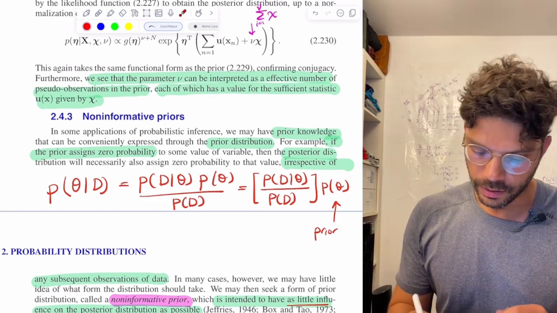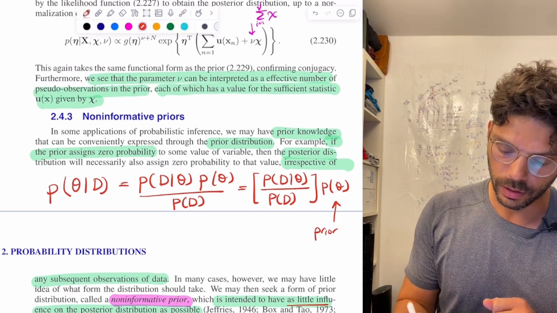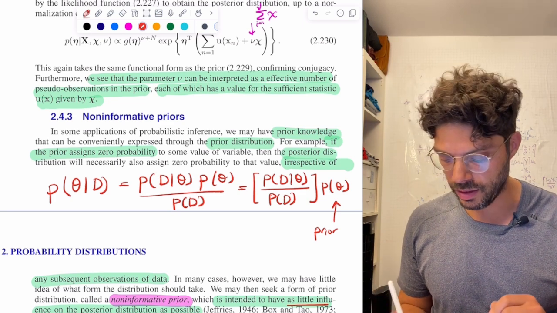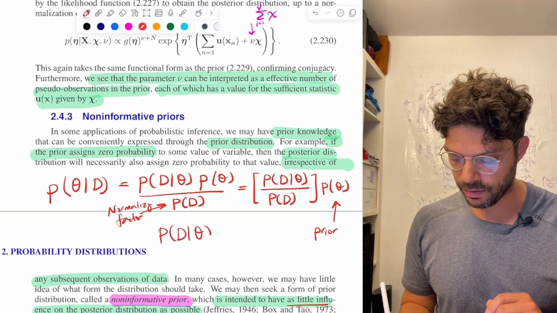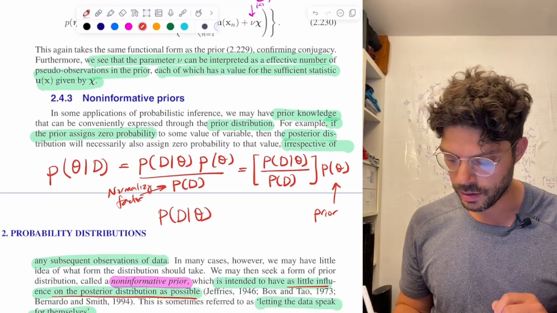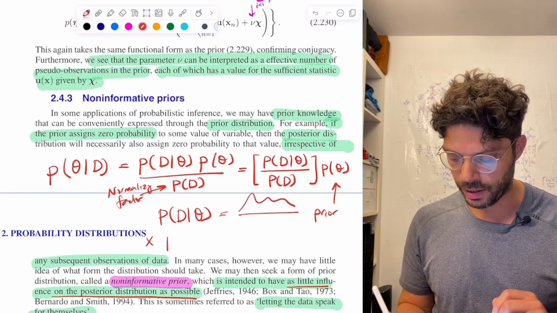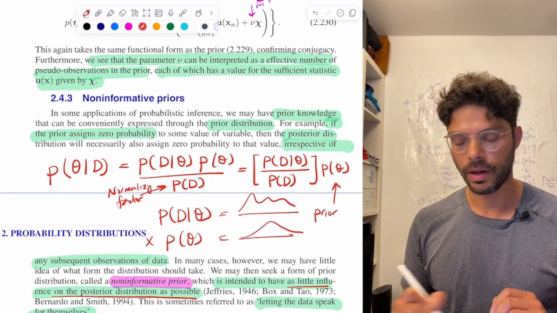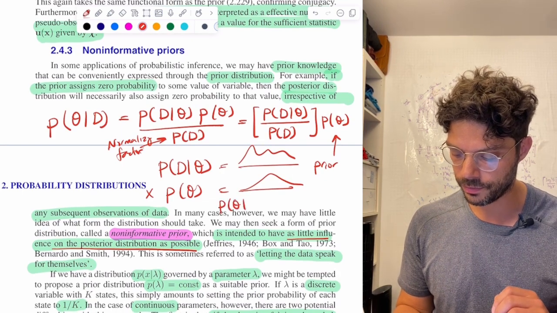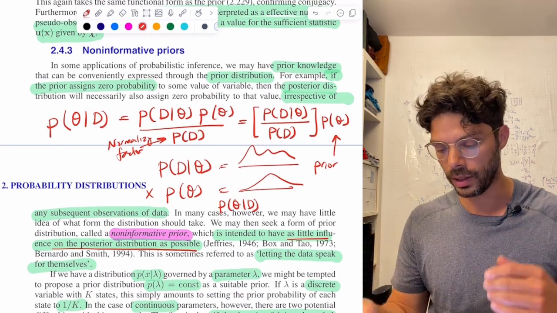More generally, you can kind of look at this relationship if we think of this P of D as a normalizing factor. You can imagine a P of D given theta. Remember, this is not a probability distribution over theta, but it's just going to have some form. And then that's going to be multiplied by your P of theta, right? So let's say P of theta had some shape. Then the posterior, when you normalize, is going to look like the normalized product of those two things.